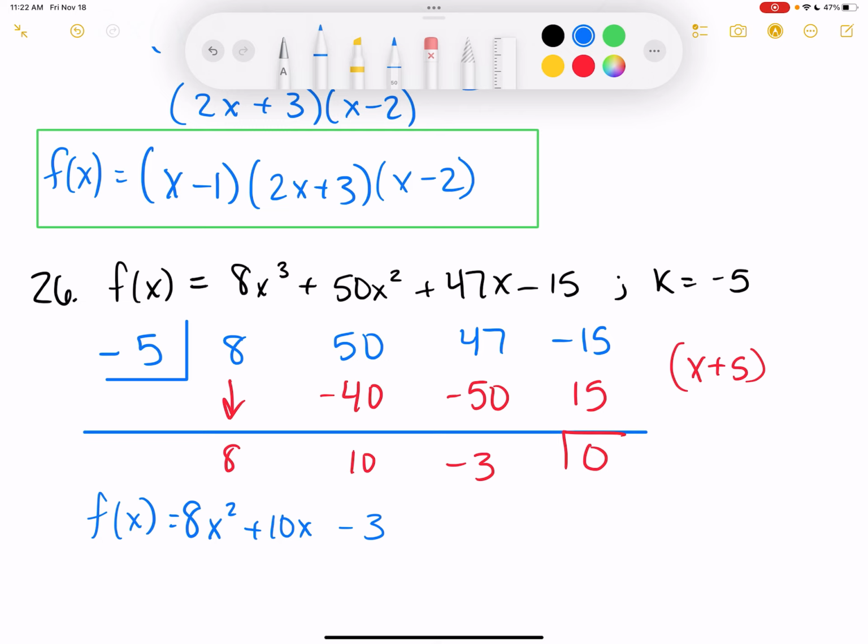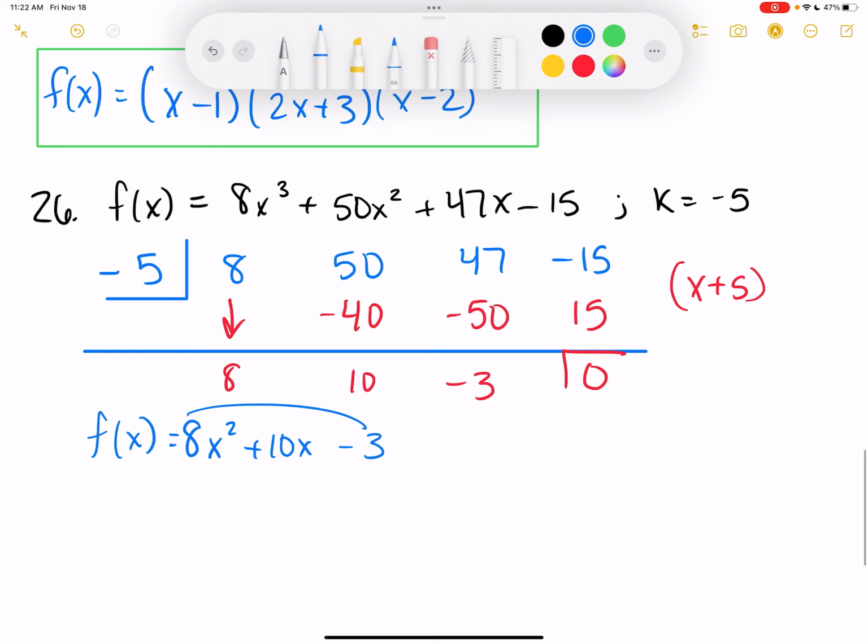Factors of negative 24 that give you 10: 12 and negative 2. So 8x squared minus 2x plus 12x minus 3.